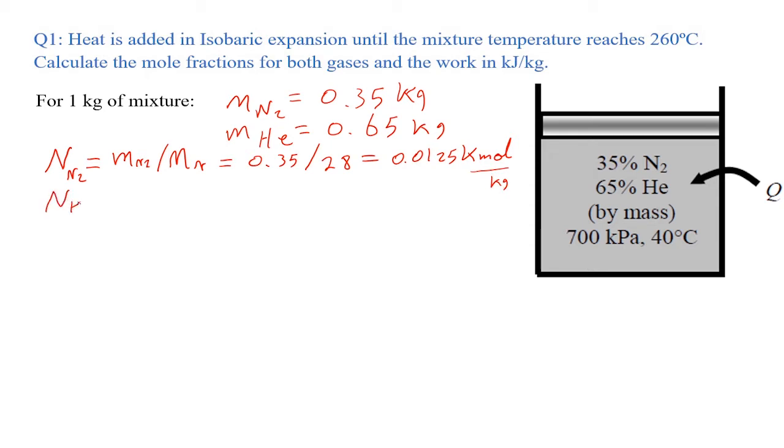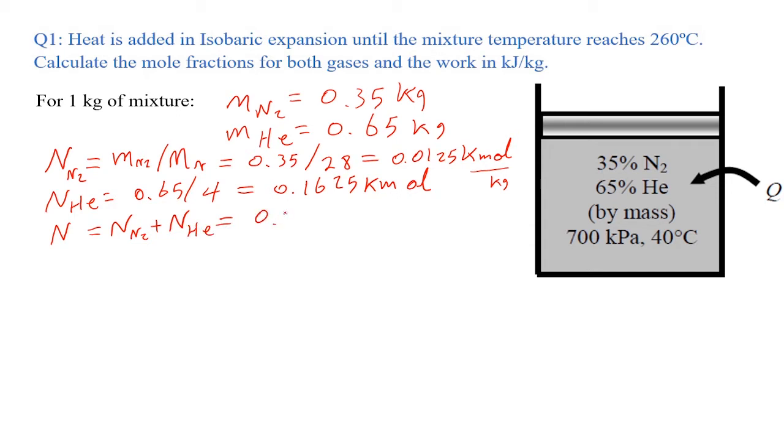Similarly for helium, it will be 0.65 divided by the molar mass for helium, which is 4. So we get 0.1625 kilomole. Now we can calculate the total number of moles, which is the number of moles for nitrogen plus the number of moles for helium. So the total number of moles is 0.175 kilomole. Again, this is not an absolute value, this is per kilogram.